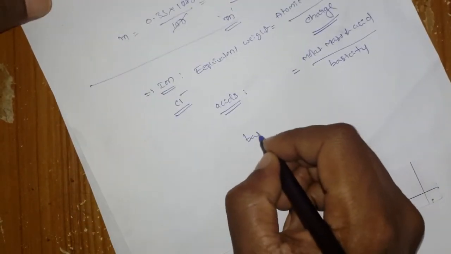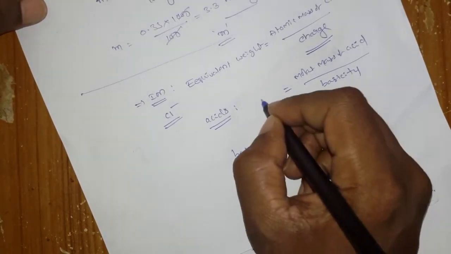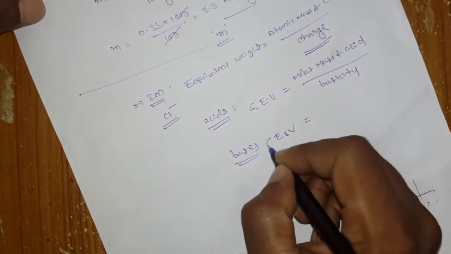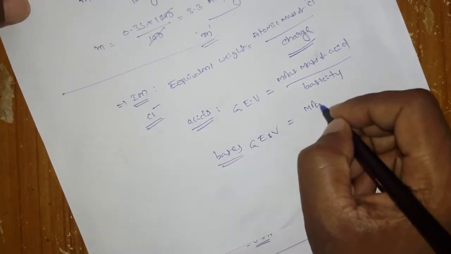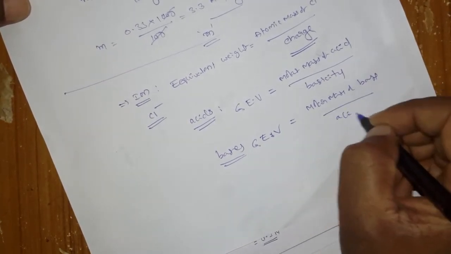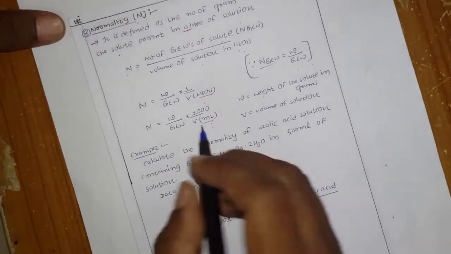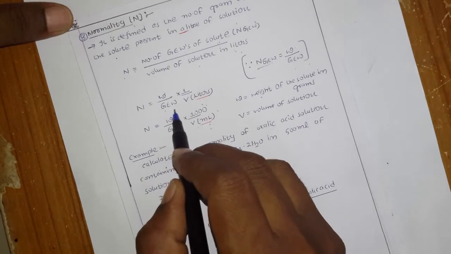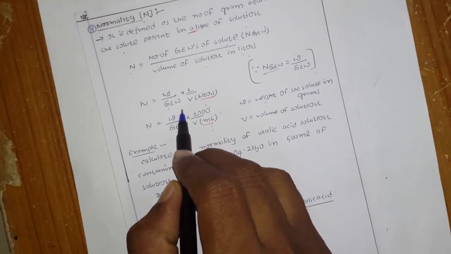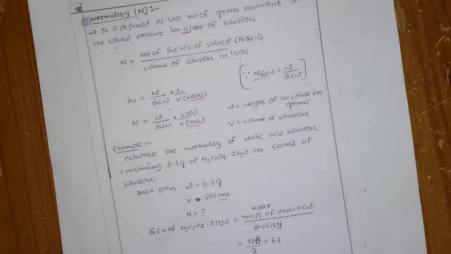And for bases, the gram equivalent weight, you can write GEW, is nothing but the molar mass of the base divided by the acidity. You go back and see all these things. These are very, very important. So here it is mass by gram equivalent weight. For gram equivalent weight, you have to recall what you studied in stoichiometry.